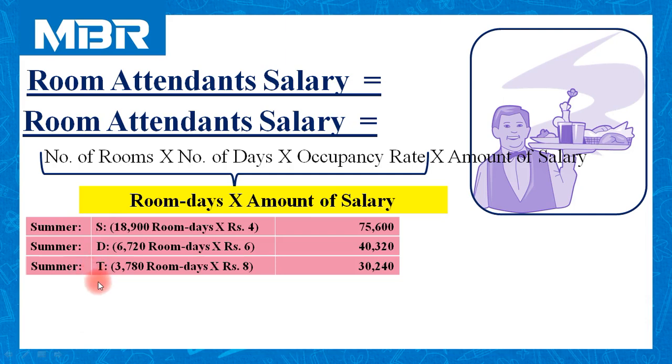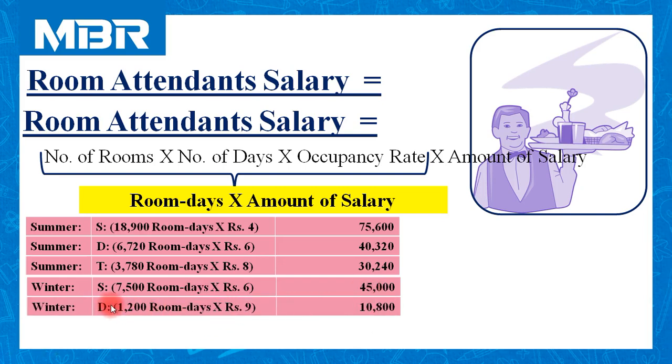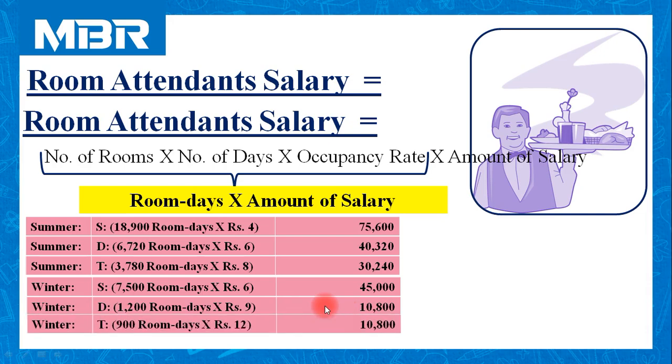Winter, single room: 7,500 room days multiplied by rupees 6. So total 45,000. In winter, for double room, we have 1,200 room days and the rate is rupees 9. So the amount paid to the room attendant working in a double room during winter is rupees 10,800.